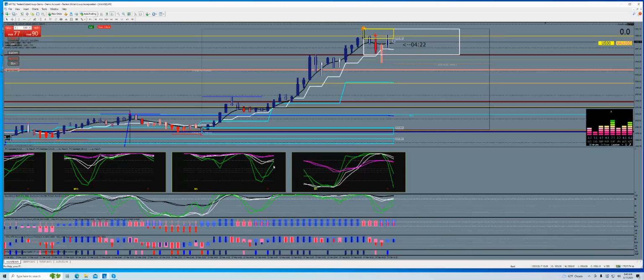As you can see, the 5 minute is trying to get into a trend trade, and it's having a hard time doing that. But I don't have a change in direction to the downside on a 1 minute yet.